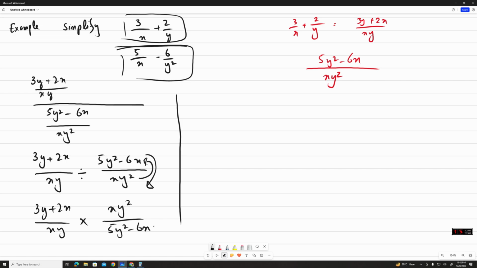The next step is this x gets cancelled, this y gets cancelled. So it's going to be y times (3y plus 2x) divided by 5y squared minus 6x. This should be the answer. Oh yeah, indeed this is the answer.